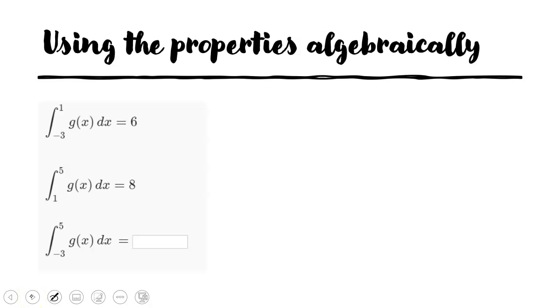If your bounds don't match what you are given, then you rewrite your integrals to make them match. So if I need to go -3 to 5, but I know -3 to 1, then I'm simply going to add 1 to 5 to make my bounds -3 to 5. So all I'm going to do is add that 8 and 6 together to get 14.